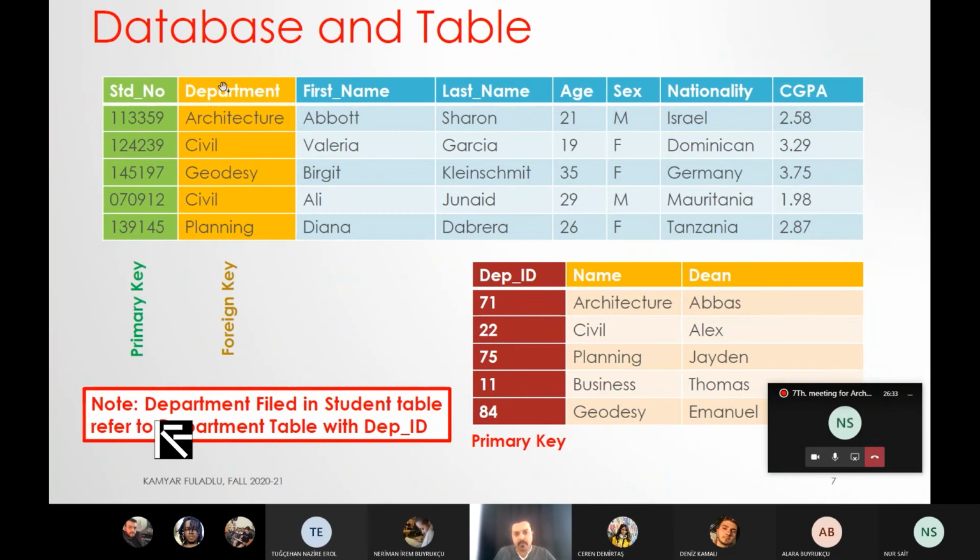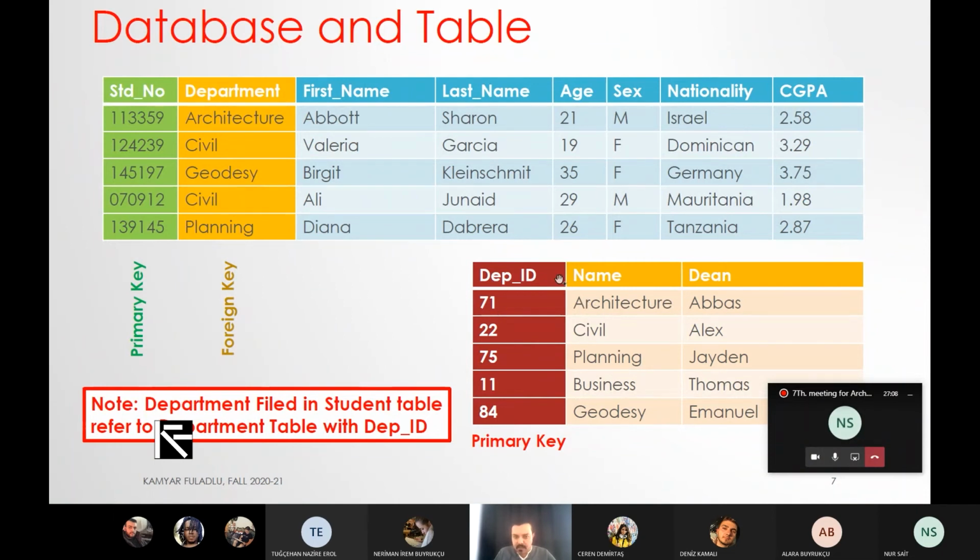We need almost a second key in order to reach our data quickly and also connect this data to the second data set. For instance, we can say that architecture from this foreign key connects to the primary key. It means that many students like you, we are almost 12 here, can study in the architecture department.